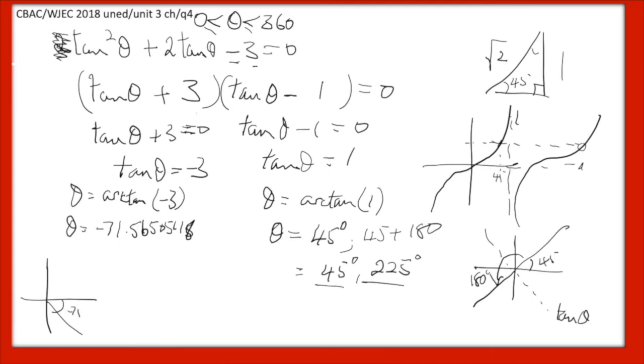So it's going to be 360 minus 71, which gives me, technically my principal value is 288.4 degrees.